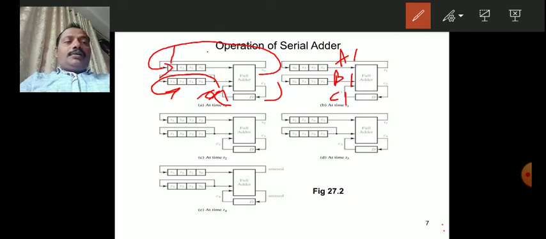So that is the status. These three are added now and it produces S1 and C2.